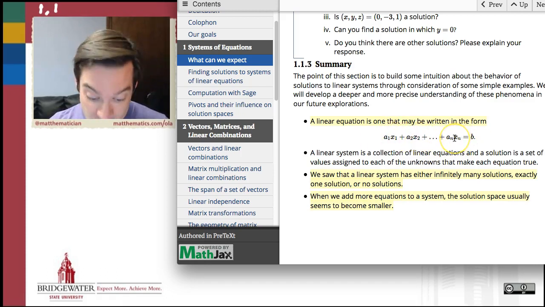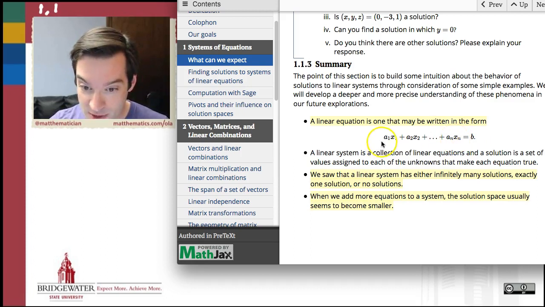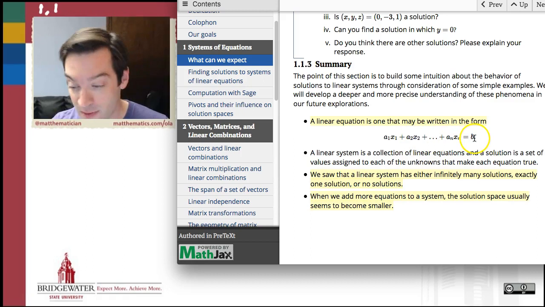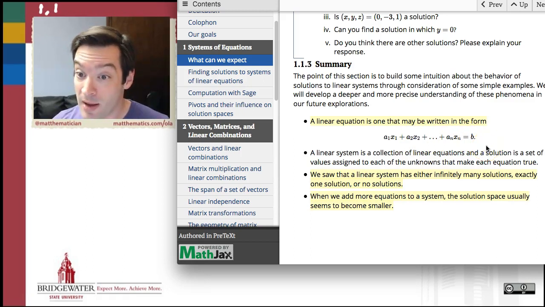The only thing that we've done to make this equation, a1x1 plus a2x2 up through anxn equals b, the only thing we've done to those variables is that we've multiplied them by constants, by real numbers, I guess is what we'll say right now, a1, a2, up through an, those are real numbers. And we've added those products together to one another. And that's all we've done.